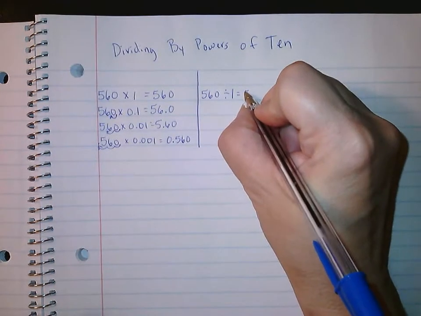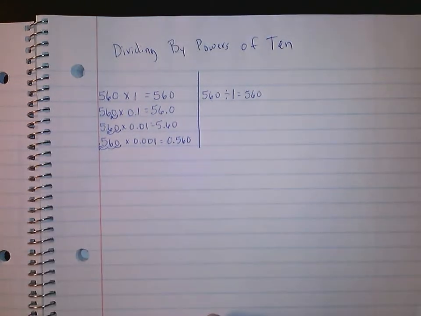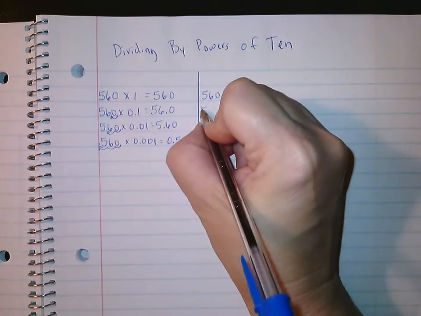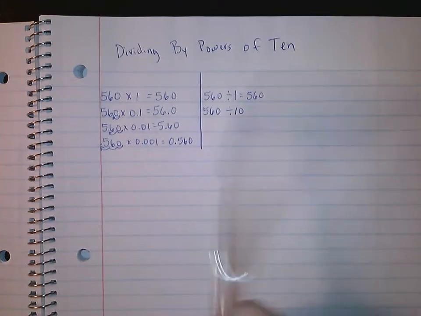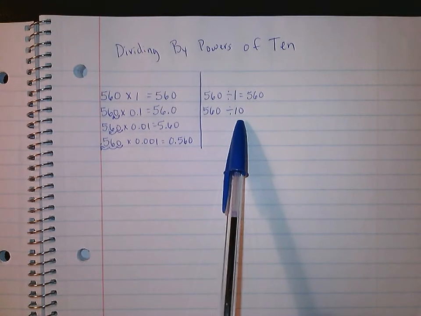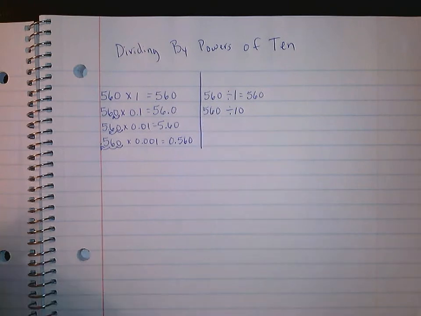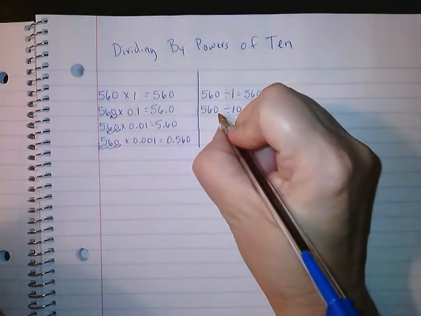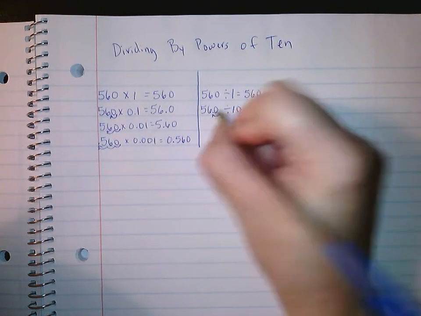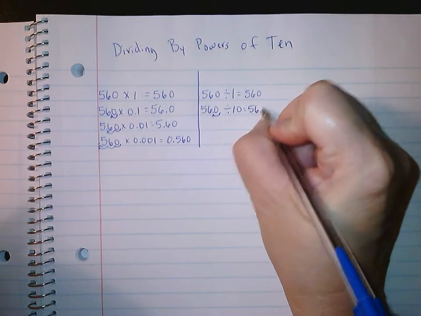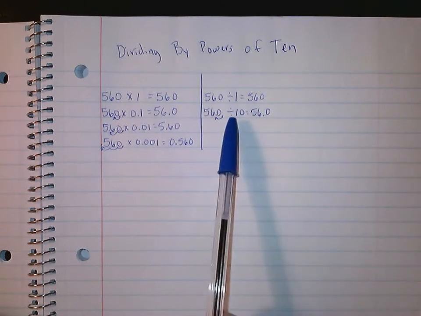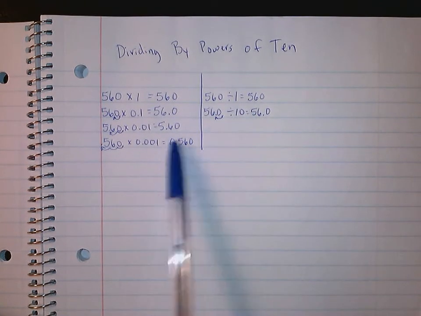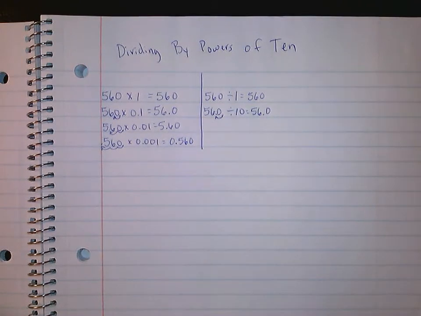So 560 divided by 1 is 560. 560 divided by 10 means I'm making 10 groups with 560, and I'm going to put 56 and 0/10ths in each group. And that makes sense because if I multiply to check my answer, 10 times 56 is 560.